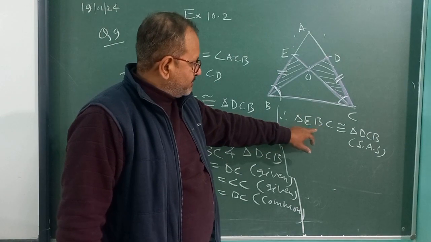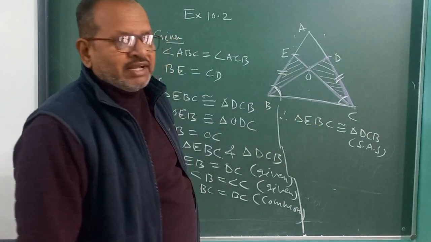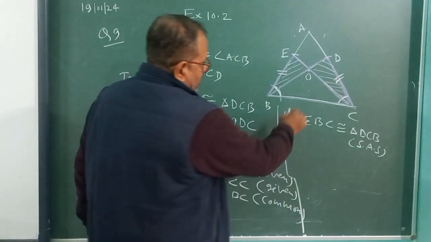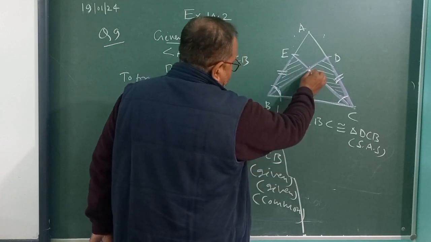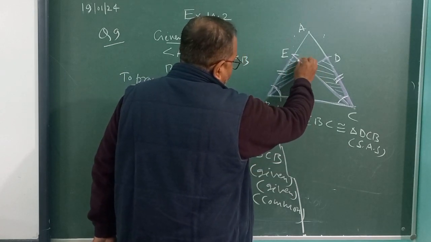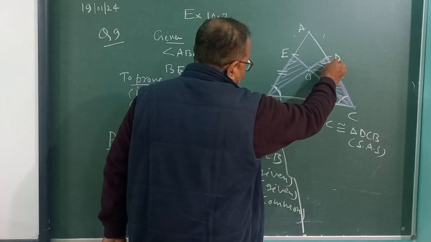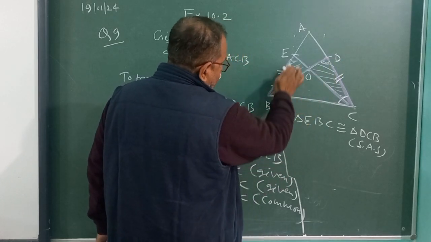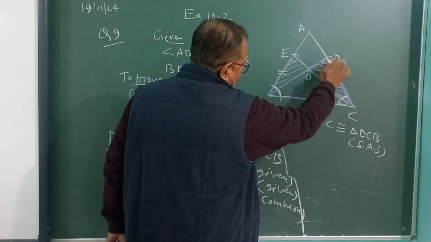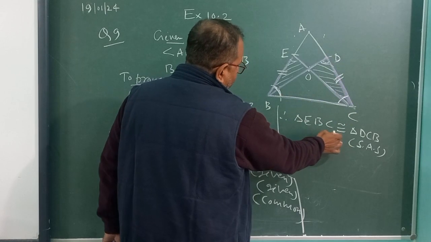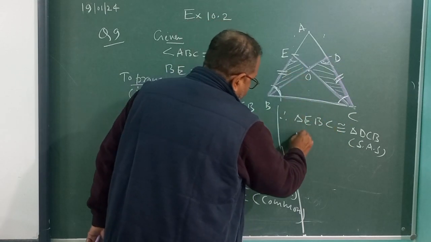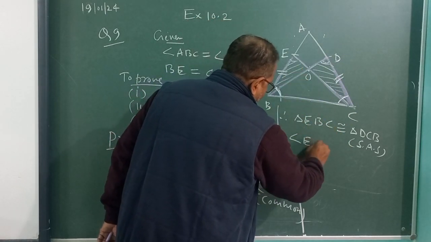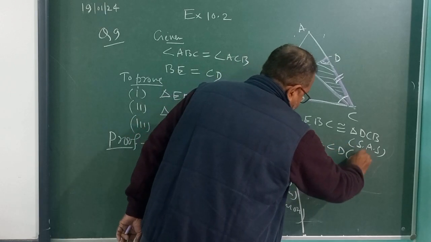But from this congruency, what we can write by simplicity? Angle E and angle D both will be equal. EBC and DCB both are congruent. Then by simplicity, we can write angle E equal to angle D.